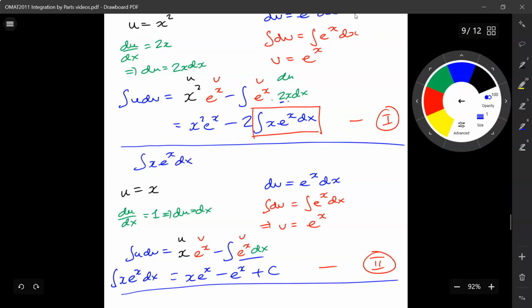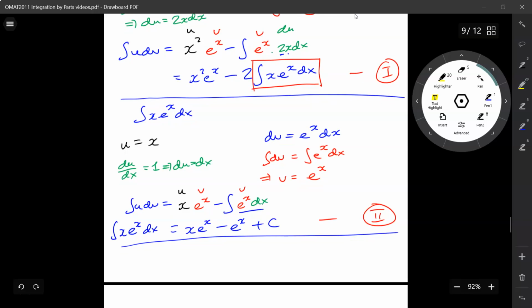Then the next line, we substitute equation 2 into equation 1.